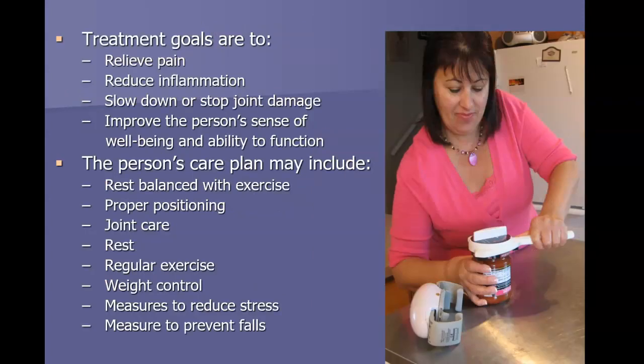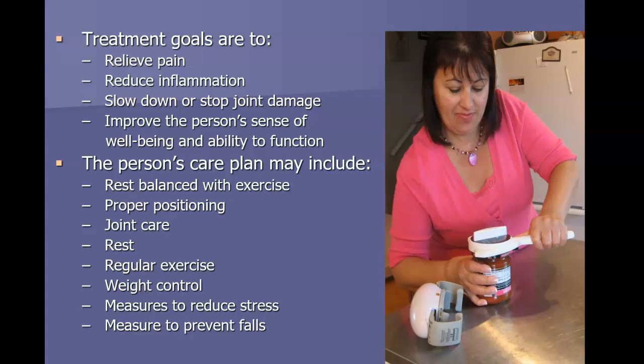Our treatment is, again, to relieve pain, reduce inflammation, slow down or stop the joint damage, and try to improve the person's sense of well-being. They have a lot of gadgets to help if their hands are weaker. Hands are a really common place that we tend to see rheumatoid arthritis, and all those small joints in the hands start getting all gnarled up.